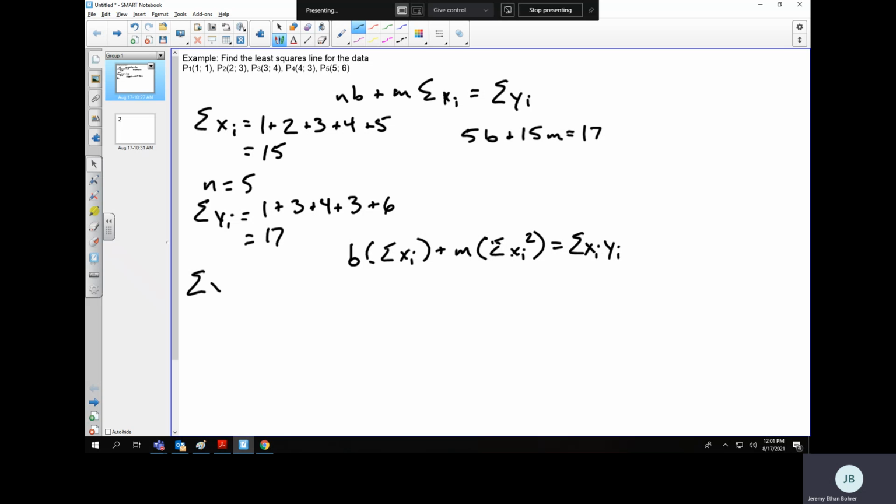So the sum of xi squared is going to be 1 squared plus 2 squared plus 3 squared plus 4 squared plus 5 squared.